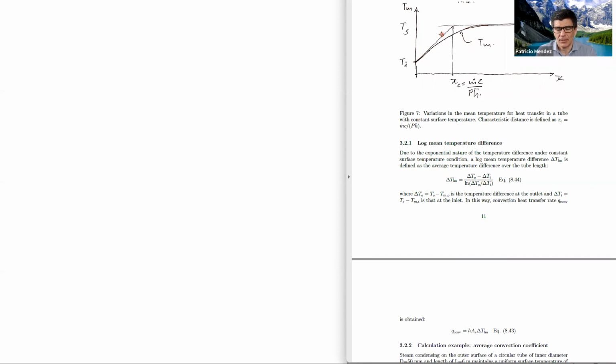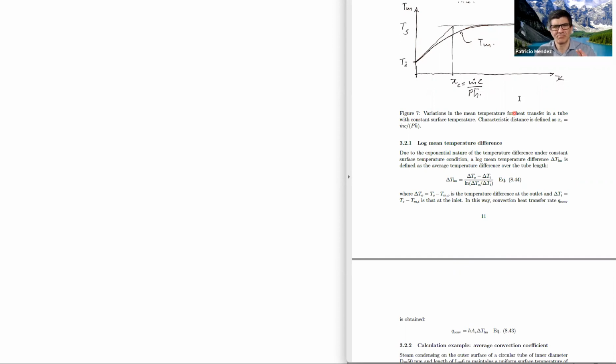So people thought about this, and for the case in which you can say the H is constant, you have an exponential variation in the temperature of the fluid. When you have an exponential variation in temperature of the fluid, you can do a little bit of math, which is in the book, but we're not doing, we're fine.